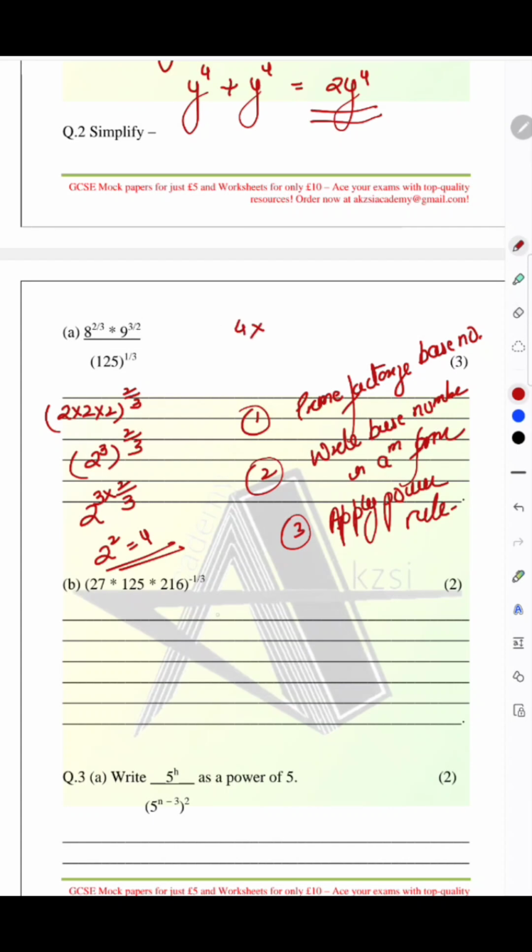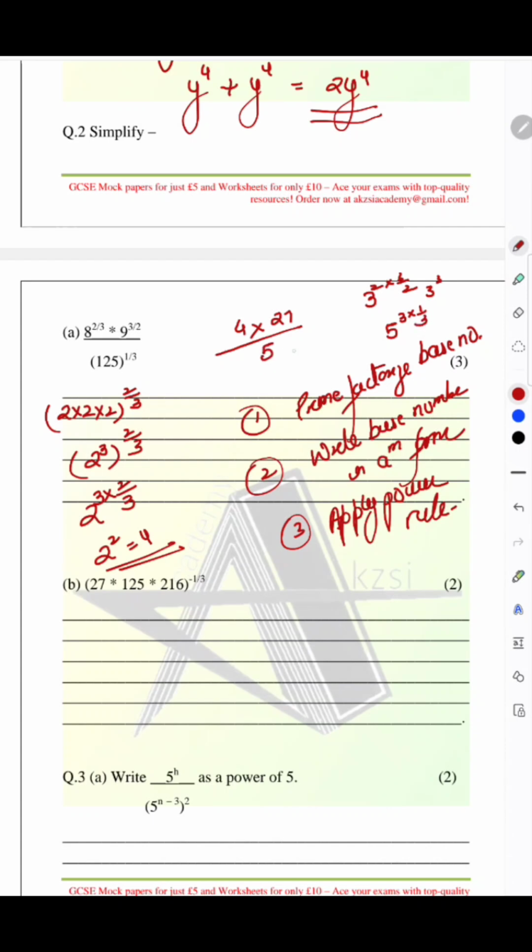Similarly, 9 to the power of 3 over 2 can be written as 9 is 3 squared, and there is 3 over 2 power already there. Remaining is 3 to the power of 3, which is 27. Over 125 can be written as 5 times 5 times 5, which is 5 cubed, and 1 over 3 is up there, so it's 5.